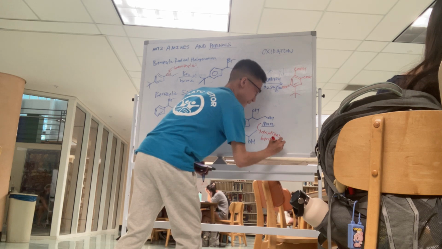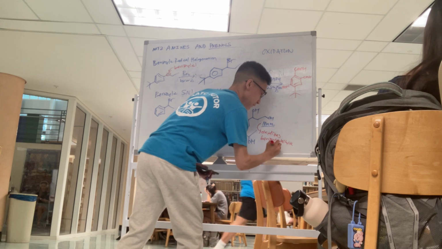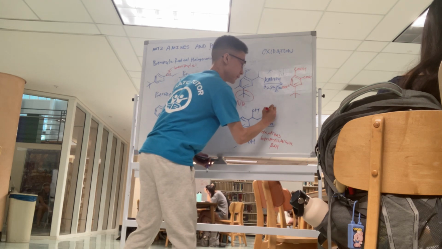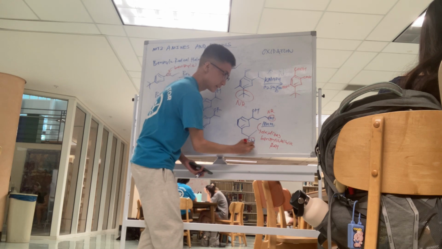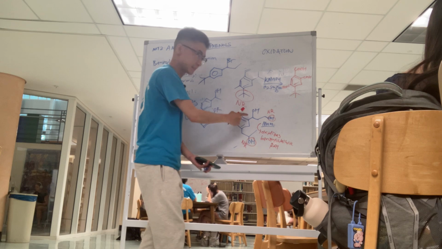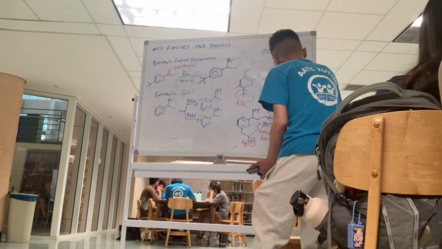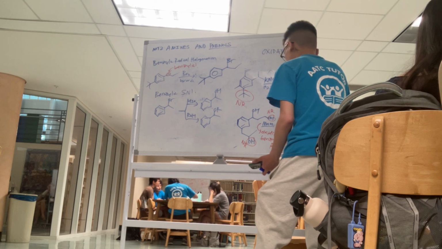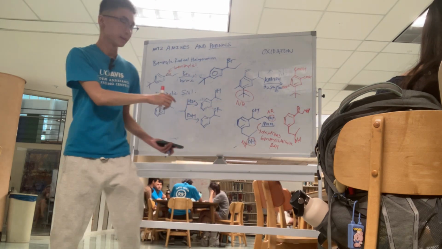Not alpha, but benzylic or allylic alcohol. So no reaction here because that carbon is not benzylic. No reaction here because this alcohol is not benzylic as well. This one is the only one that reacts because this carbon here is benzylic to that benzene. Right. So that's the reaction there.